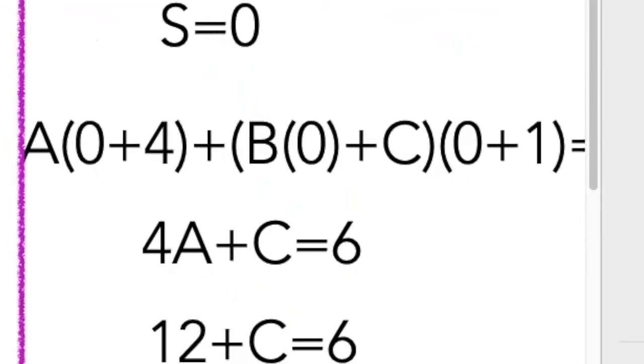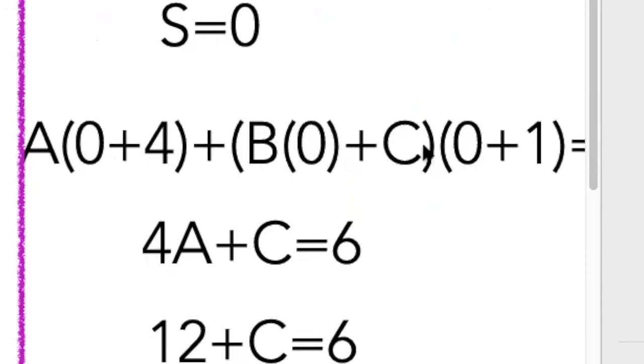Substituting 0 here, you'd have 0 plus 4a. That's what we have here. 0 cancel here, so you just have b times 0 plus c and 0 plus 1. So 0 plus 4, that's 4. So this is 4a.